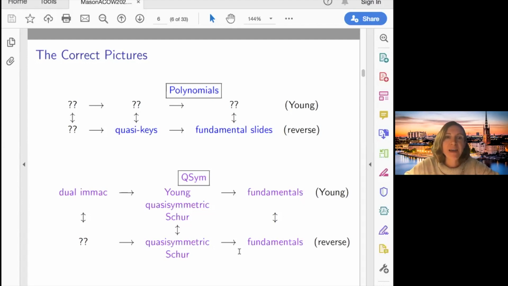And so in fact, instead of needing to just lift our dual immaculates, we needed a notion of a reverse dual immaculate. And then we needed to lift all the young things, in fact, including the fundamental slides. So even though the fundamentals don't split into two families in QSym, they do in the polynomial ring. And so these are the pictures that we wanted to fill in. Those are the correct pictures to look at.